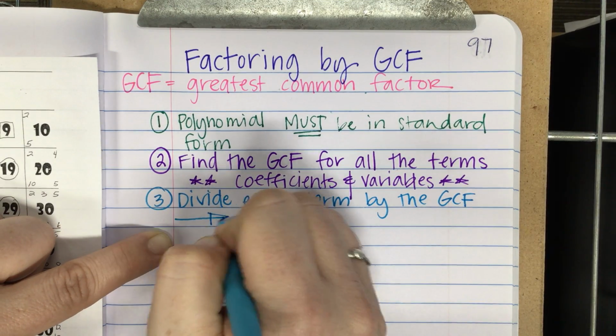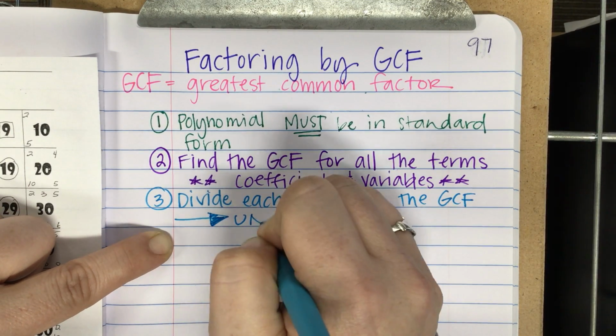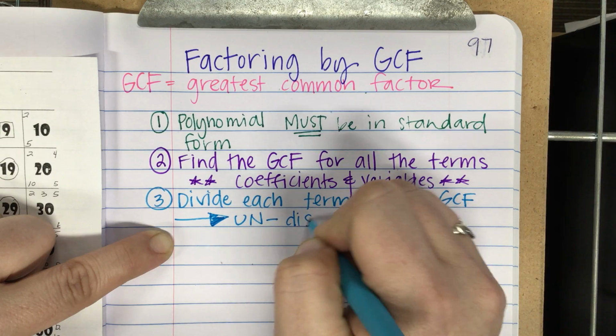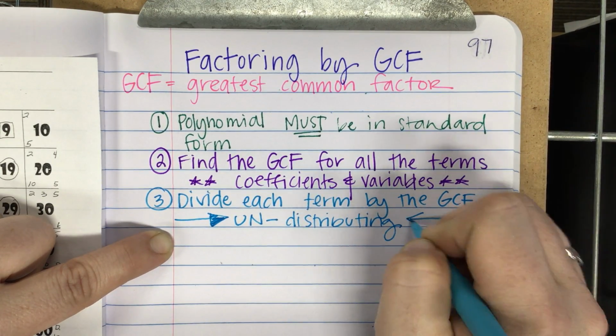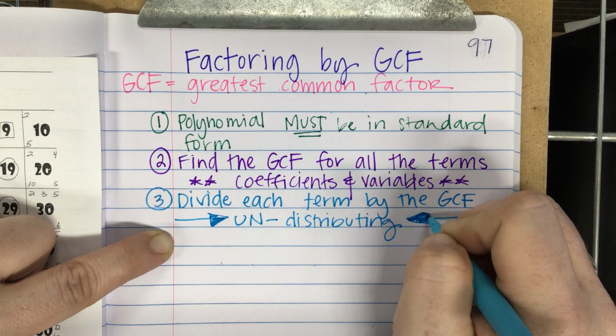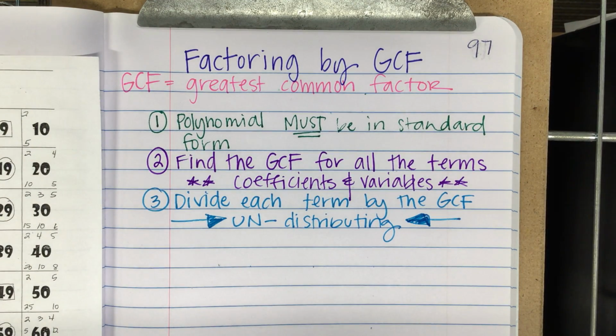This is the undistributing. Instead of taking the number outside and multiplying it inside, we've got a problem, and we're going to divide everything and put that number outside.